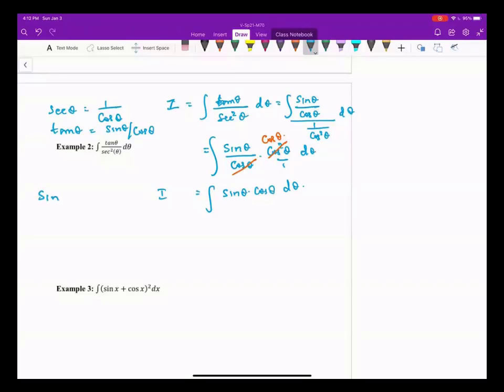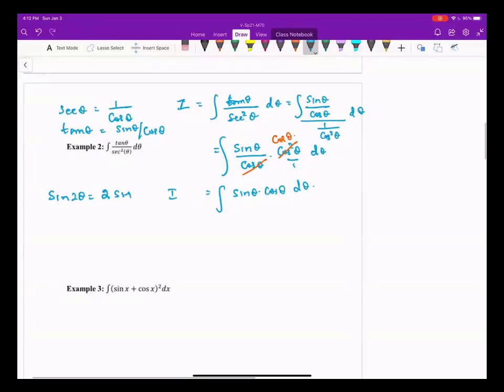We can also use the sine 2 theta double angle formula, which is 2 sine theta times cosine theta, from our trig class. If you divide by 2, you get sine theta cosine theta equal to half of sine of 2 theta. So that is the integral of 1/2 sine 2 theta d theta.